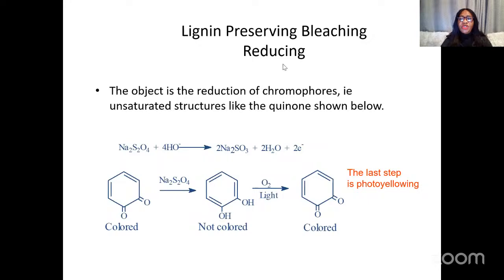But on exposure to light, oxygen comes into play to react and reverse it back to quinone that we started with, which is now the colored material in that lignin. And this is why we have photo yellowing. Photo yellowing is the coloring back of the pulp by exposure to light.